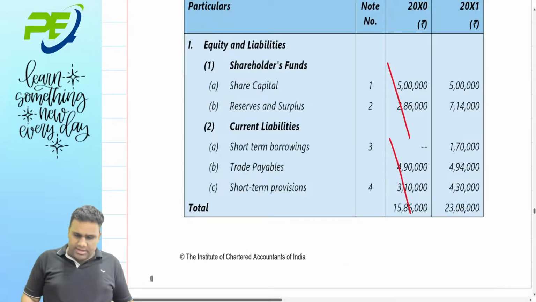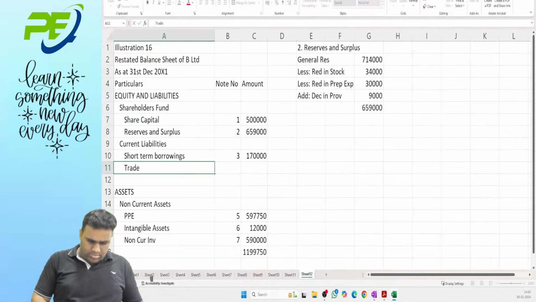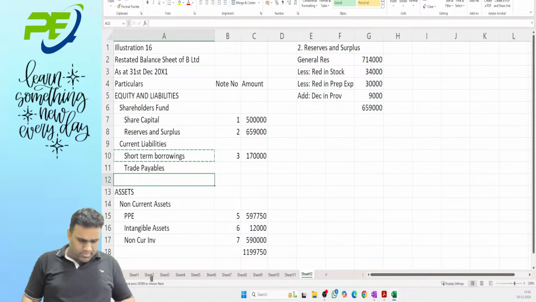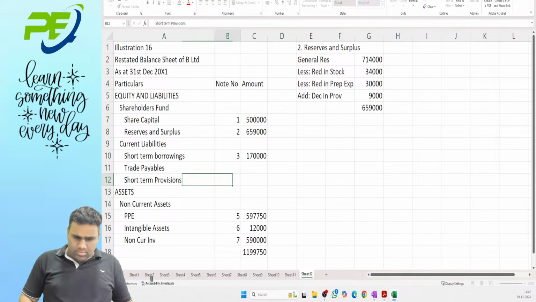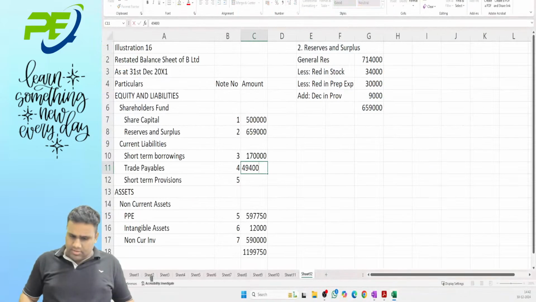Then trade payables and short-term provision, 494 and 430.